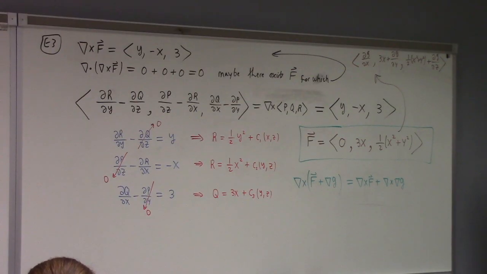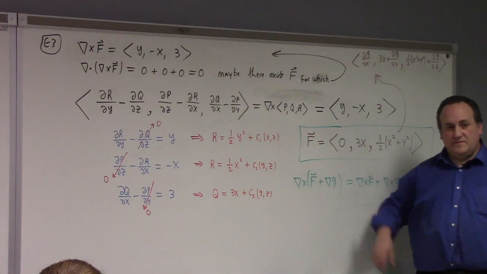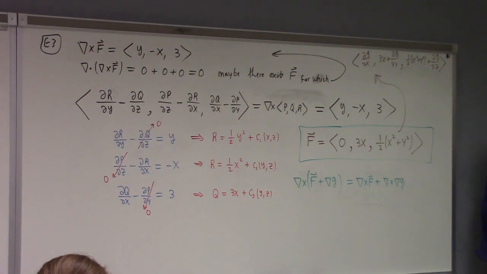Could you find a g function that could swap between the two? What you're really asking is, are two of my different answers obtained by my ad hoc method always differing by a gradient? And the answer is I don't know. Maybe.